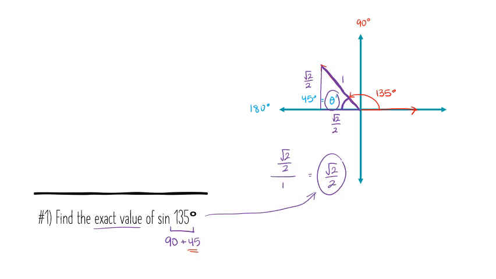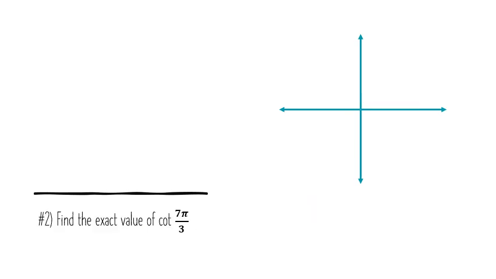Let's look at another example, maybe this time using our radians. Maybe we're a little bit more uncomfortable still with using radians. Let's check that out. So we're given, let's see, the cotangent of 7 pi over 3. Okay, let's start by labeling my axes.